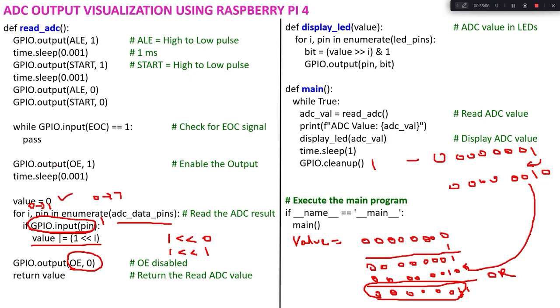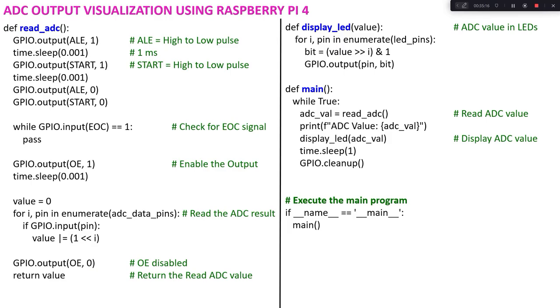So this function reads the ADC data from your ADC 0808 IC. Here the simple operation is we set the ALE to be a high to low pulse, the start signal to be a high to low pulse, then wait for EOC. Once EOC is obtained, we set output enable to be high.